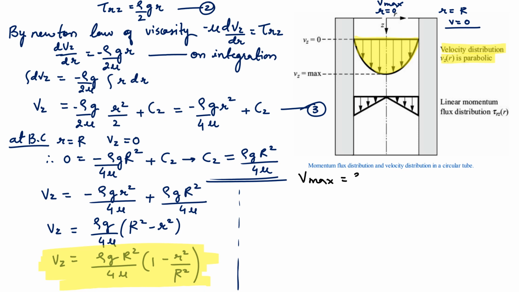So what I get is rho g R square upon 4 mu for maximum velocity.